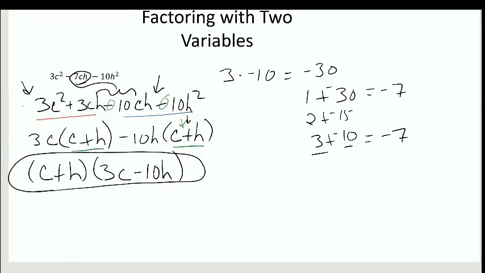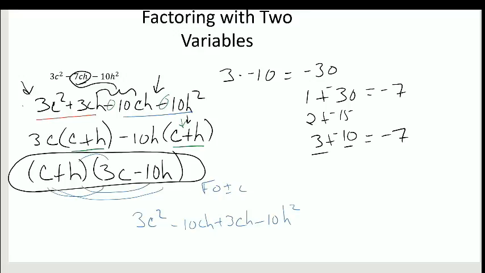If you want to check this, you would go through and FOIL it out. So we can FOIL this out by multiplying our first two terms, which are 3c squared. And remember, you're doing FOIL. So now you're going to look at your outside terms, which gives you -10ch. Then your inside terms, which is 3ch. And then your last terms, which is -10h squared.